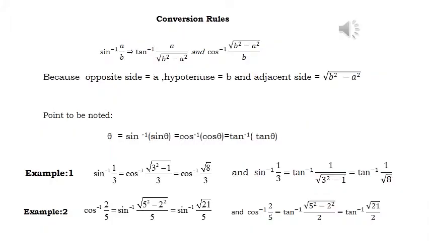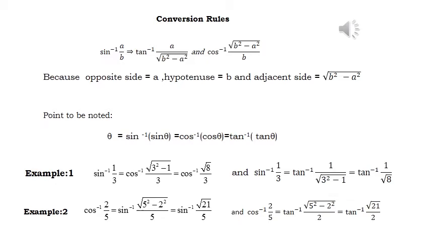We'll discuss now conversion rules in inverse trigonometric functions. Look at the first line. Sin inverse of a by b can be written as a tan inverse. To write sin inverse as a tan inverse, tan inverse of tan theta should be written. Tan theta is the ratio of opposite side to the adjacent side.